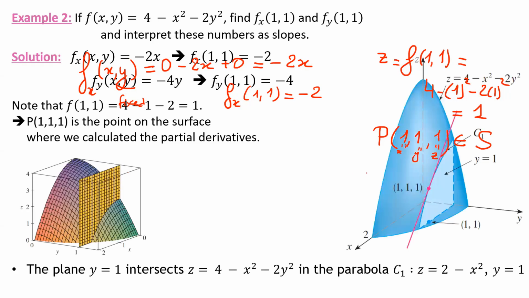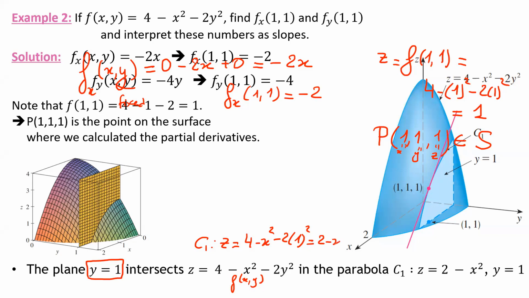And so this is the graph, this is the surface S, this is the point (1, 1, 1), and this means that the plane y equals 1 constant intersects the surface z equals f(x, y) in the parabola C1, 2 minus x squared, obtained for y equals 1. Just replace y by 1 in this formula.